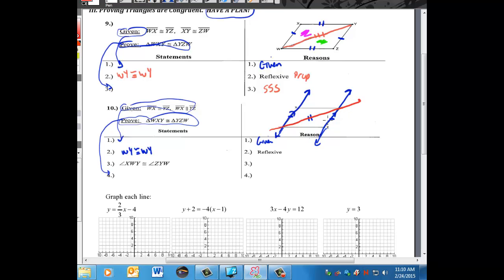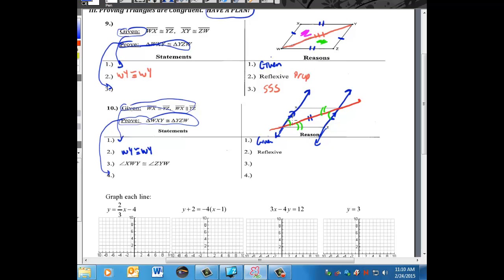And so when that happens, let's change my color, hopefully this will stand out better. These are alternate interior angles, these 2 angles here and here. And these 2 angles are also alternate interior angles. That's hard to see, but it is true. So they're asking for angle XWY.